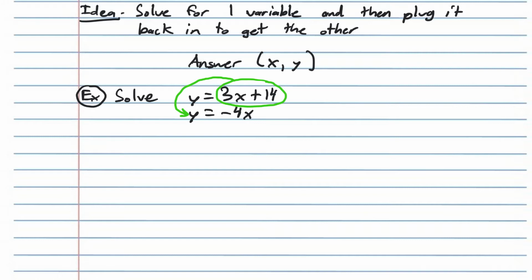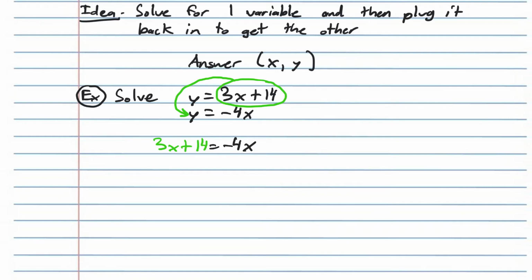Because y is equal to that, so they should match up. Okay, just like the example at the top. If x is 2 and y is 2, that means that x has to equal y. Same thing here. Both these things are equal to y, so they should be equal to each other. Okay? So here's what we go. So instead of y, I'm going to write 3x plus 14, and I'm going to bring that negative 4x down.